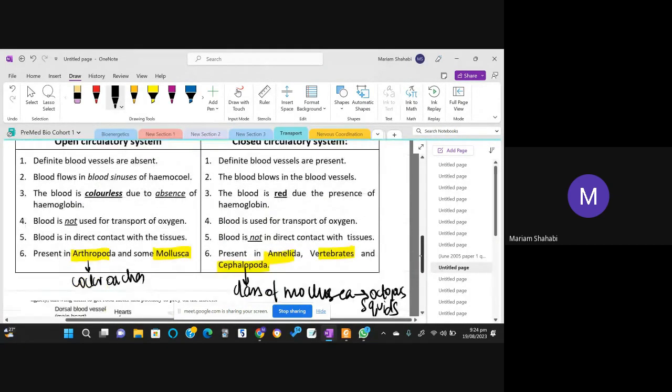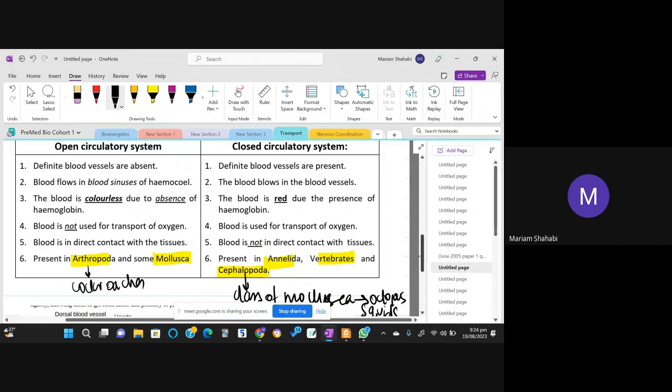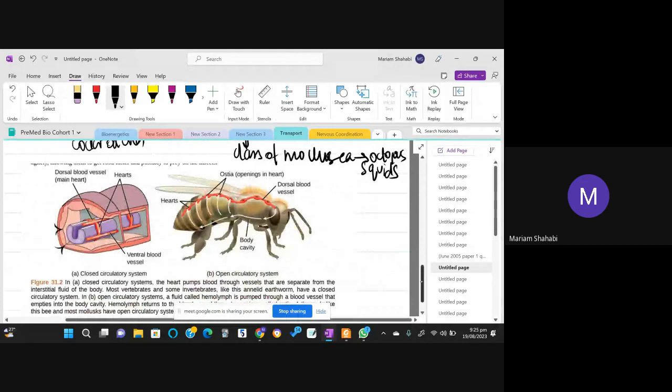So blood vessels are absent in an open circulatory system, and so what happens is that it has open blood sinuses, sinus मतलब space, और ये जो उनकी body cavity होती है इसको फिर hemocoel कहते हैं क्योंकि इसके अंदर blood flow कर रहा है. See, this is what it looks like.